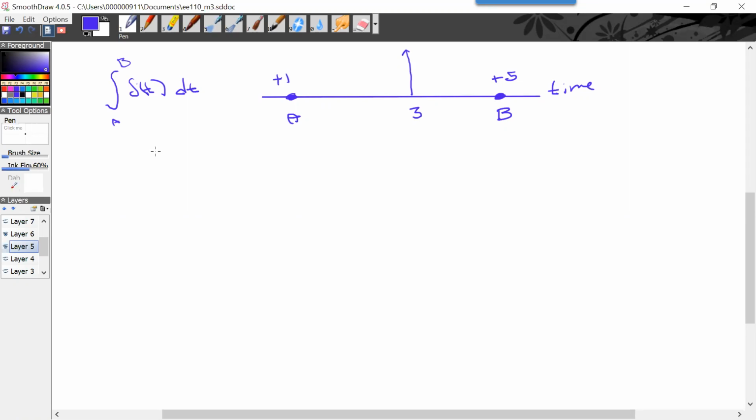The way we describe that is delta t minus 3, because we delayed it from 0 by 3 units.